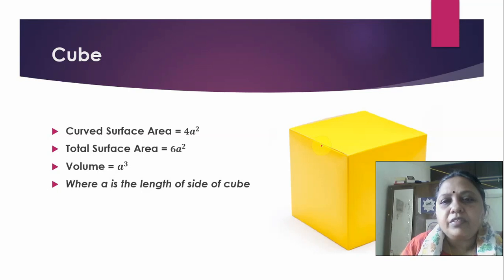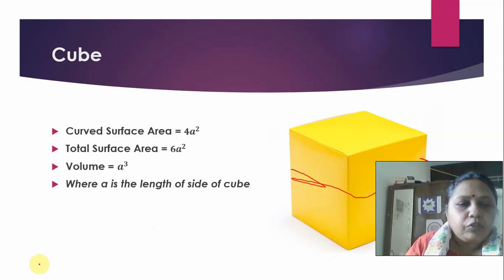So in the curved surface area, we do not include the top and the bottom surfaces, only the curved portion. That is, this full distance is this curved portion. These four sides are included. So you get 4a squared.